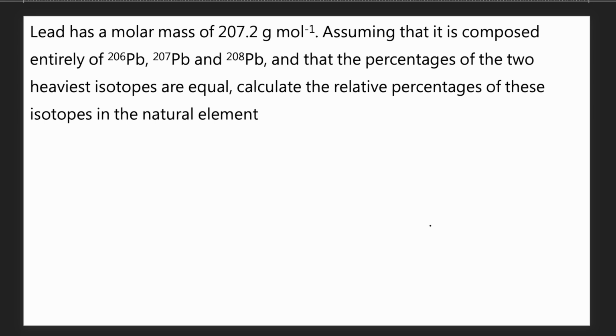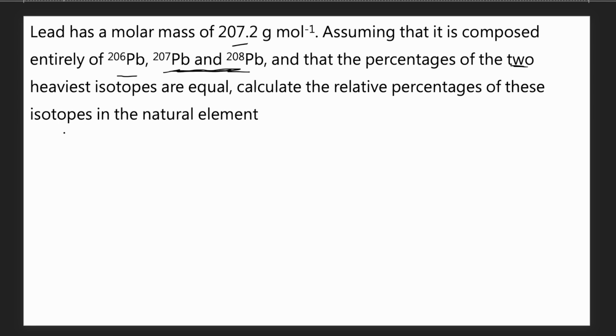Next, lead has a molar mass of 207.2, assuming that it is composed entirely of Pb-206, Pb-207, and Pb-208. So there are 3 isotopes for lead, and the percentages of the 2 heaviest isotopes are equal. Calculate the relative percentage of these isotopes in the natural element.